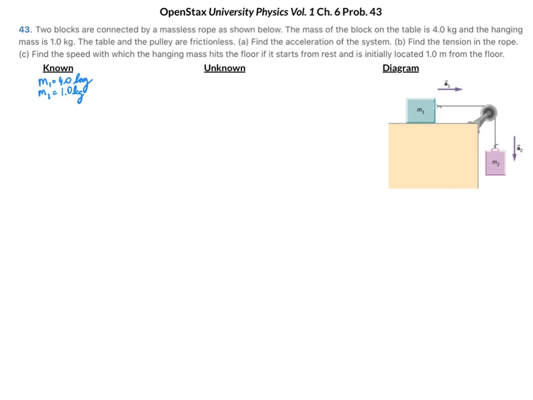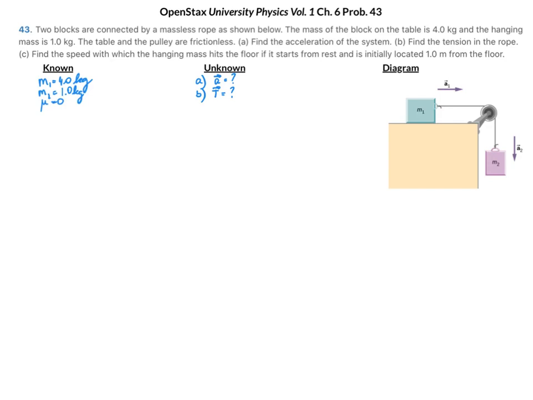We know that the pulley and the table are frictionless, so I'm going to write mu equals 0 just so that I remember that. And in part A, we want the acceleration of the system, so I'll just say A is equal to question mark. In part B, I want the tension in the rope, so I will call that T equals question mark.